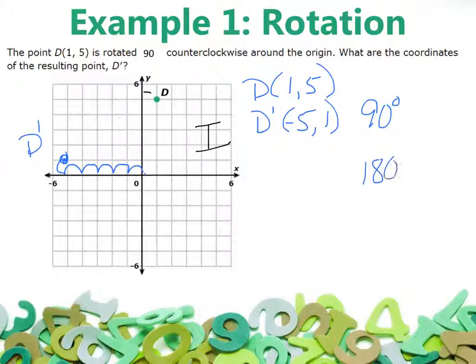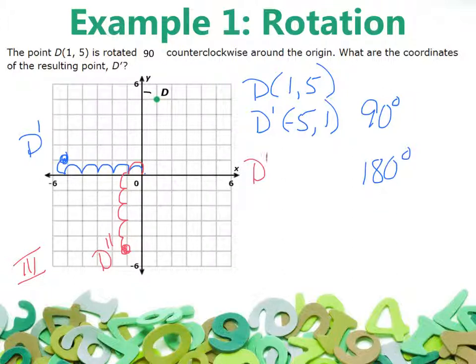We're going to look at a 180-degree turn. So if I did a 180-degree turn, point D would end up in the third quadrant, Quadrant 3 down here. So let's look at Quadrant 3. It would be over 1 and down 5. And so this would be D double prime.